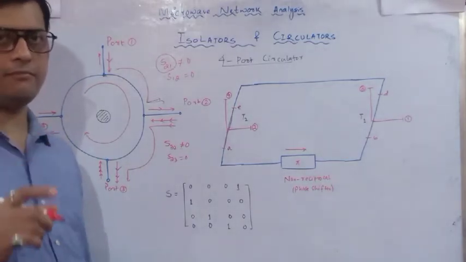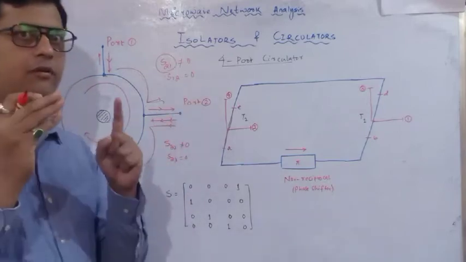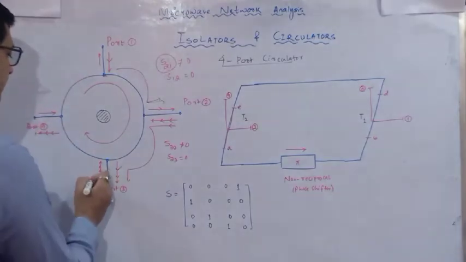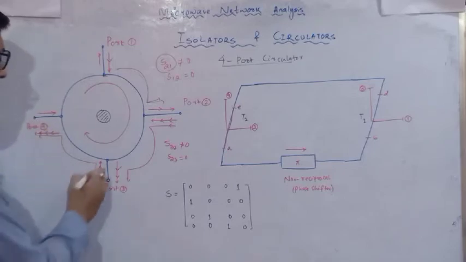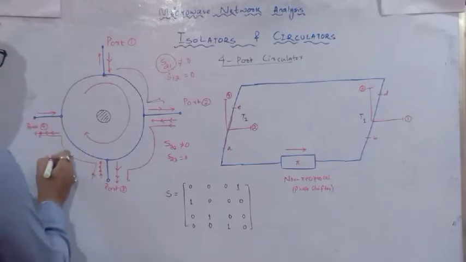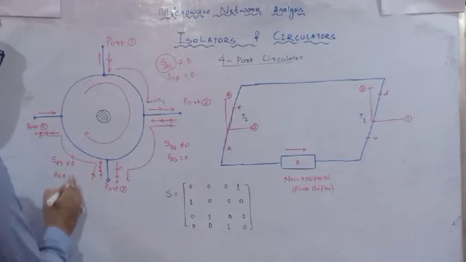It will isolate the reflected wave from 3 to 2, and provide only the unidirectional path. Similarly, if I feed the power at port 3, the output is available at port 4. That means we have S43 not equal to 0 and S34 equal to 0.